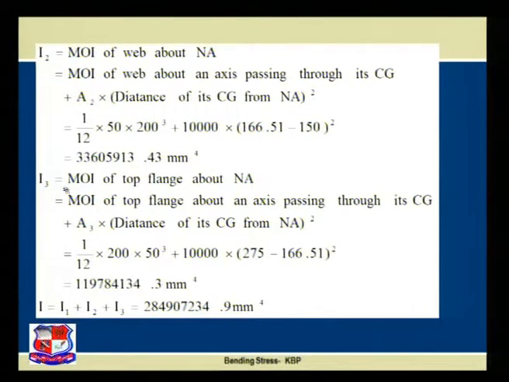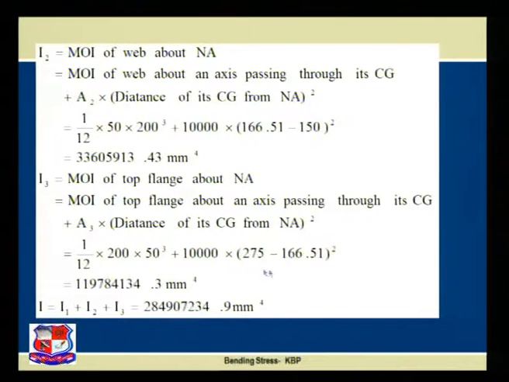Next, I3 is the moment of inertia of the top flange about the neutral axis, that is the moment of inertia of the top flange about an axis passing through its CG plus A3 into the distance of its CG from the neutral axis squared, and we achieve 1 by 12 BD cube, 200 into 50 cube, plus 10,000 multiplied by Y3.